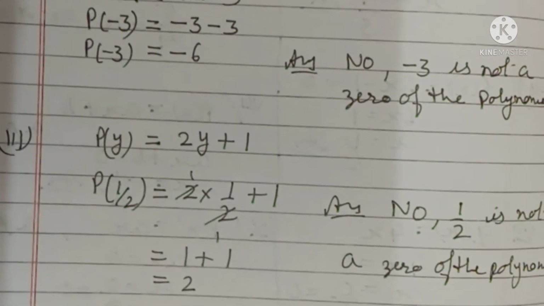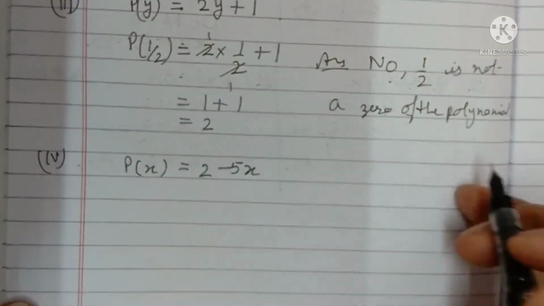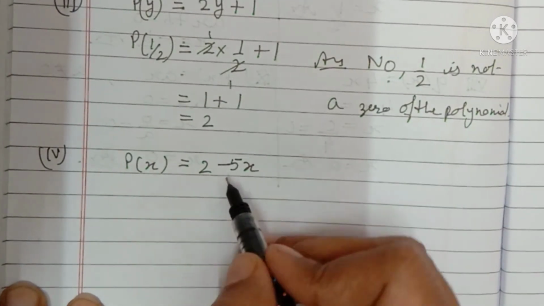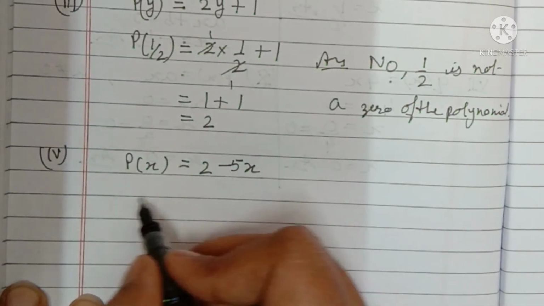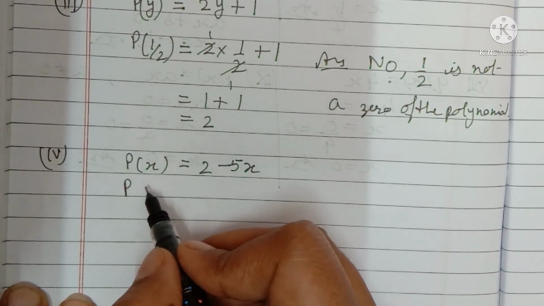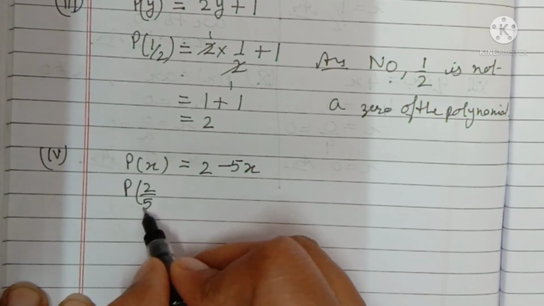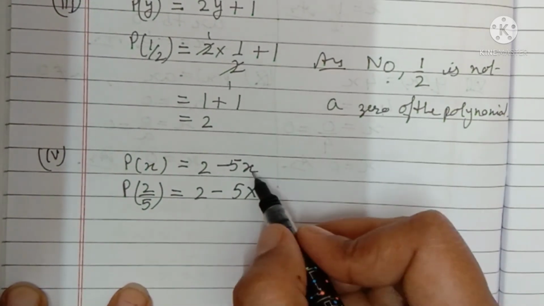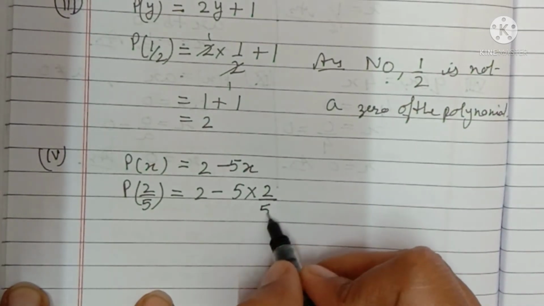Next, the fifth part: 2 upon 5 is a zero of the polynomial. p(x) = 2 minus 5x. So put the value 2 upon 5 in the expression. p(2/5) = 2 minus 5 into, and in place of x write the value 2 upon 5.